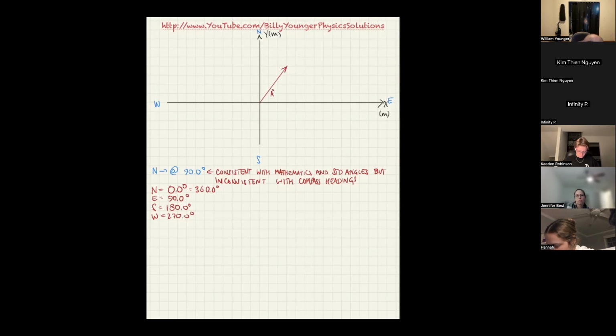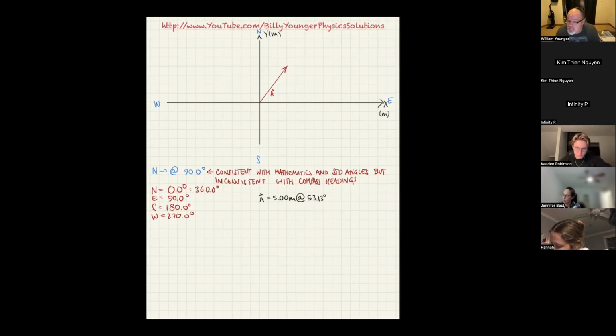Now, I might specify that because I know some trigonometry and some special things. So I now know that A is in fact equal to a vector 5.00 meters at 53.13 degrees.